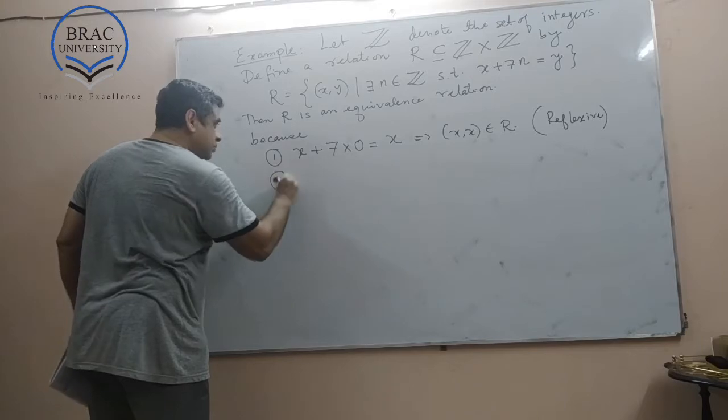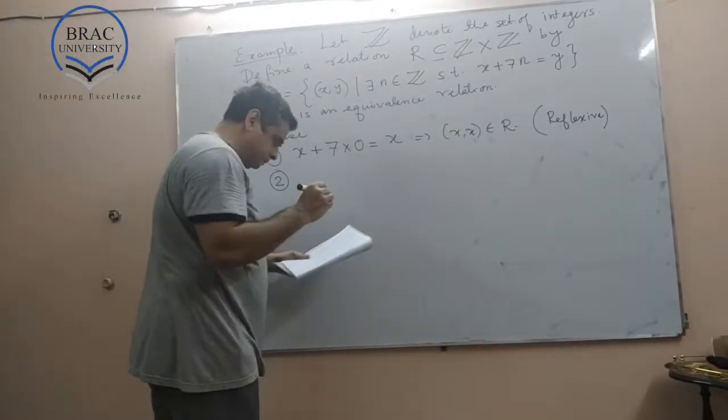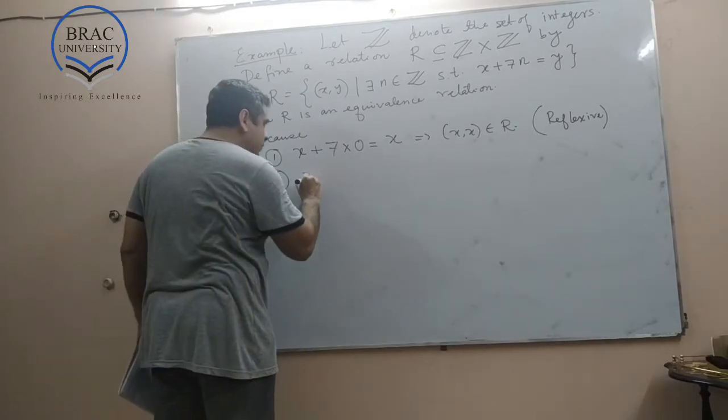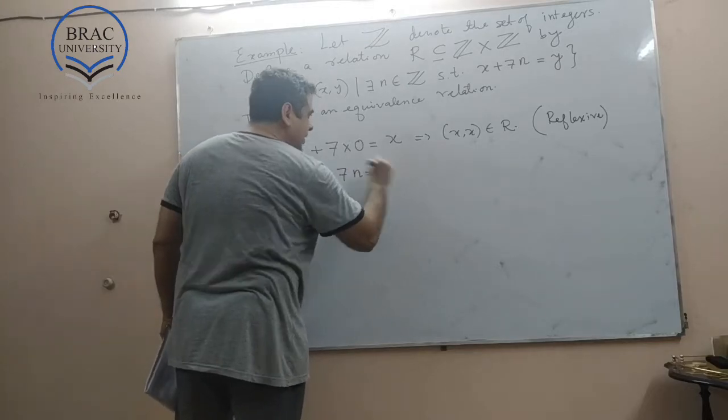Second, let's say that there exists an n for which x plus 7n is equal to y.